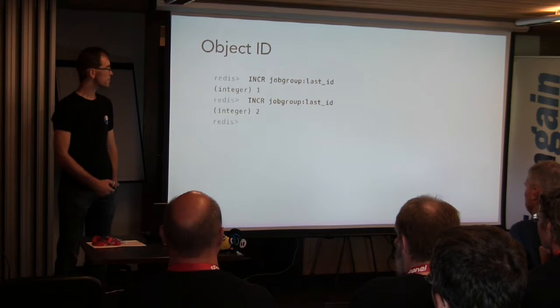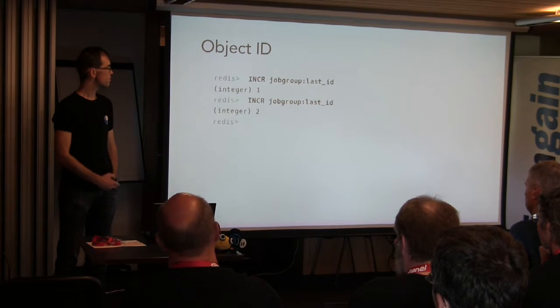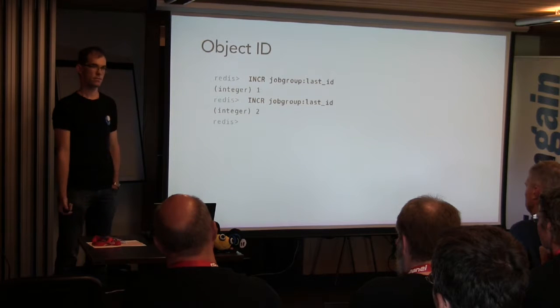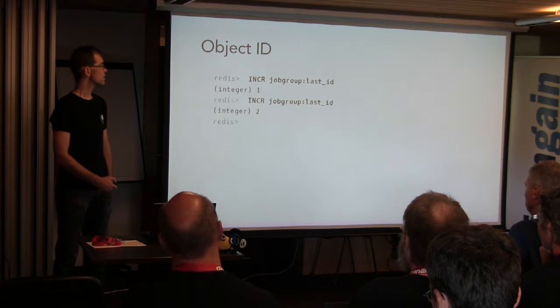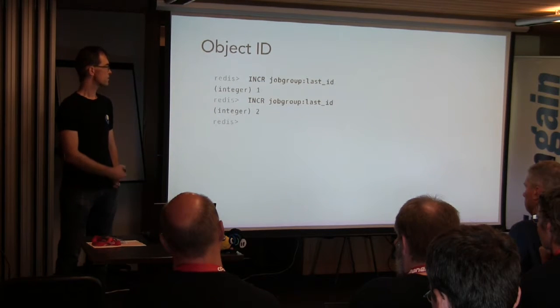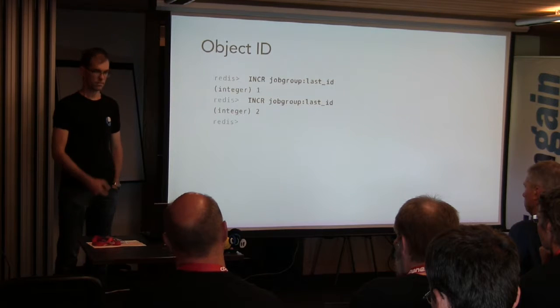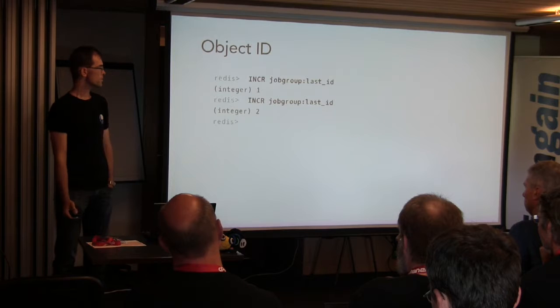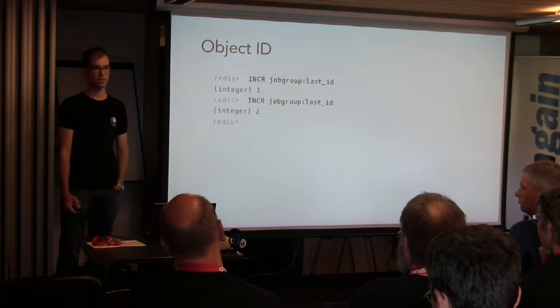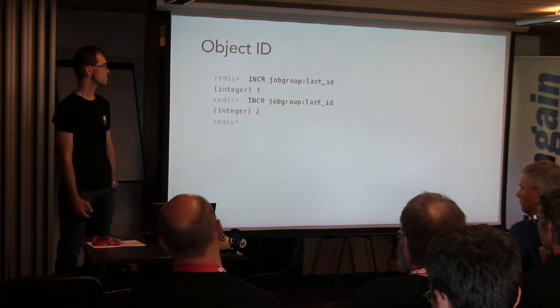Redis helps me here with the incr command, which just adds one to a variable which is stored on the Redis server. And if I do it the second time, I get 2, so I can have more than one user adding jobs at the same time, and they don't disturb each other.